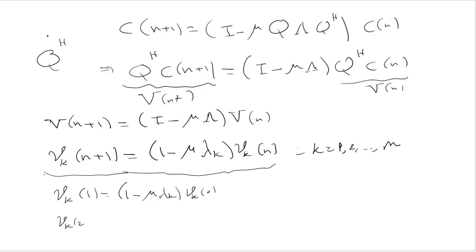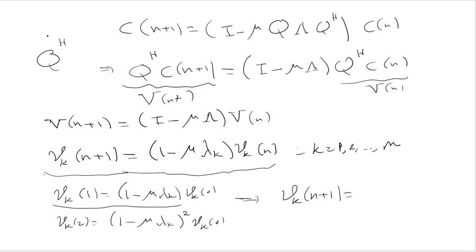Then Vk2 equals 1 minus mu lambda k Vk1, and if we substitute here, we have a squared Vk0. If we continue this, we will have Vk n plus 1 equals 1 minus mu lambda k to the power of n Vk0.